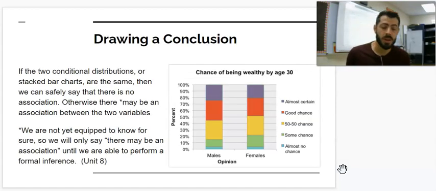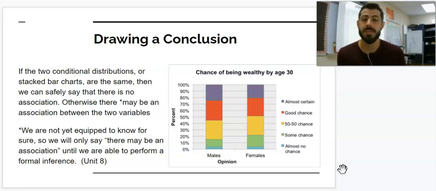Now, what do you do to determine that? Well, if it made a difference what gender you were, then that would suggest that perhaps the distribution for males would look different than the distribution for females and vice versa. So if you have these segmented bar charts, all you have to do is look and see if there is a difference.